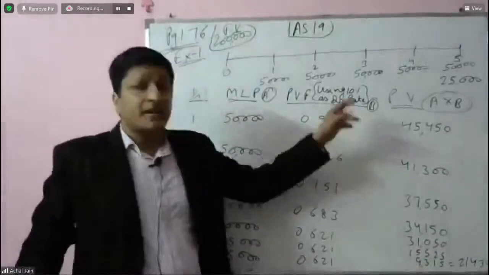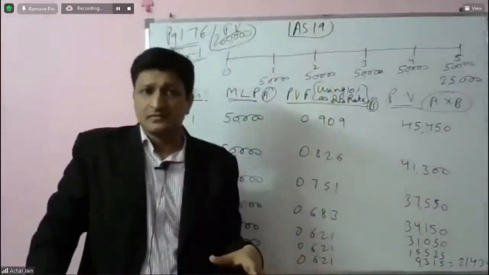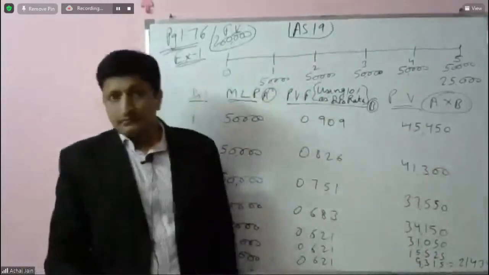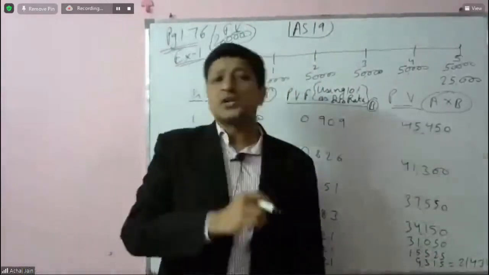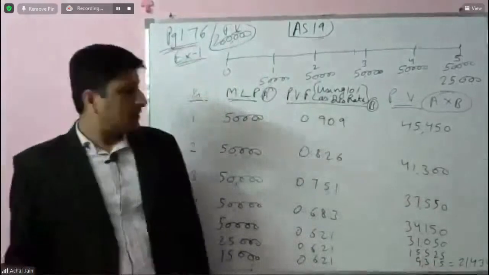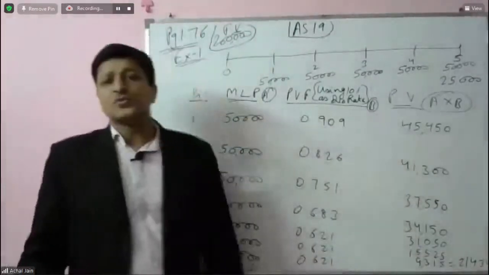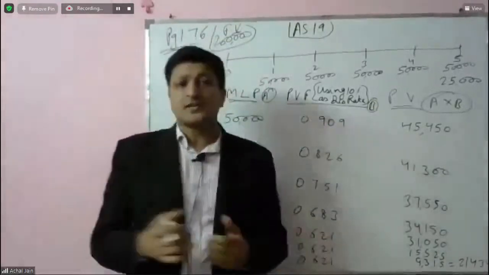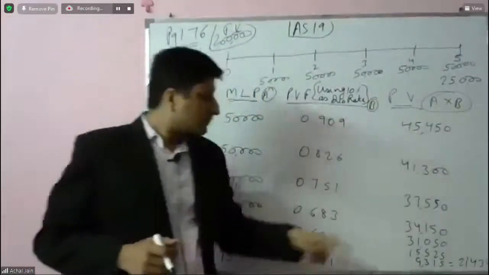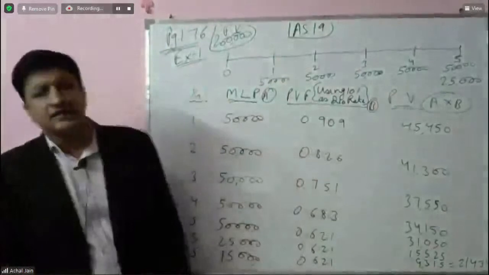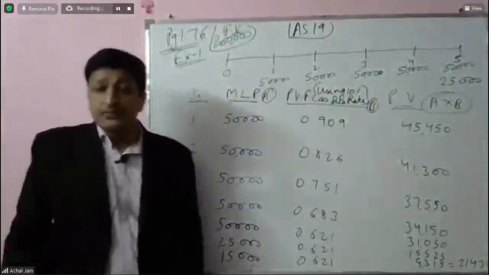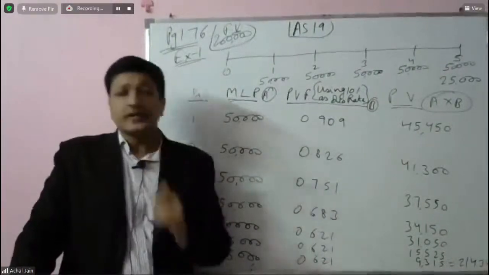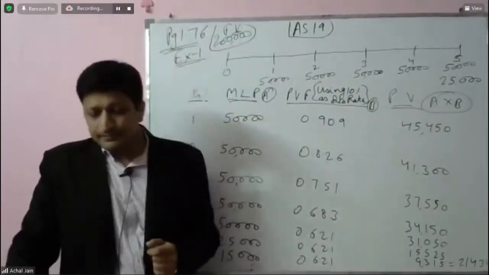If my discount rate was correct, then this value would have become 2 lakh. I wanted a discount rate so that this present value becomes 2 lakh. But unfortunately, I didn't have the exact discount rate, because of which my present value became higher than what is required. So that means 10% is not the correct discount rate.